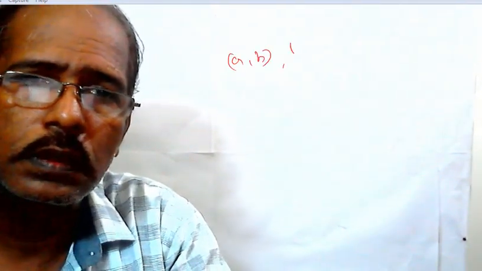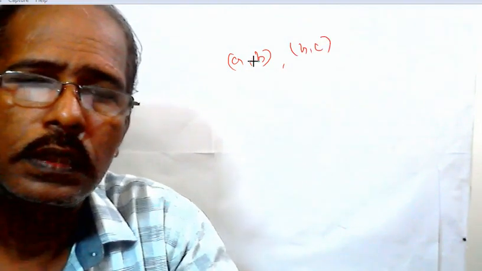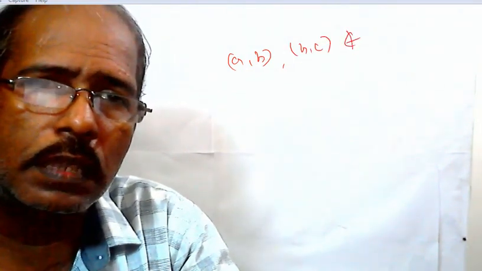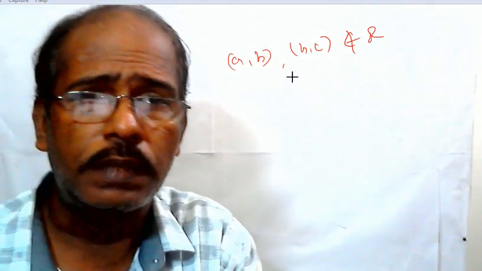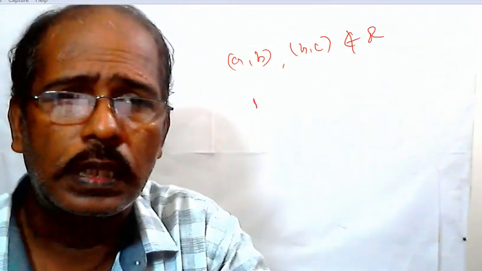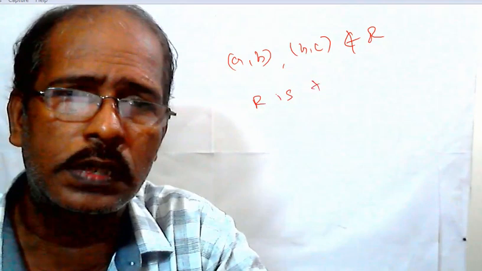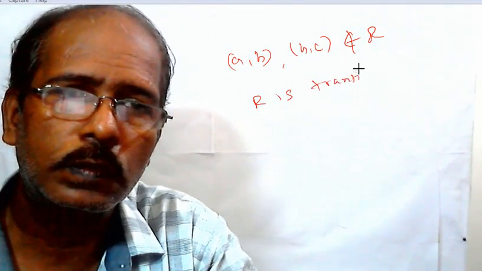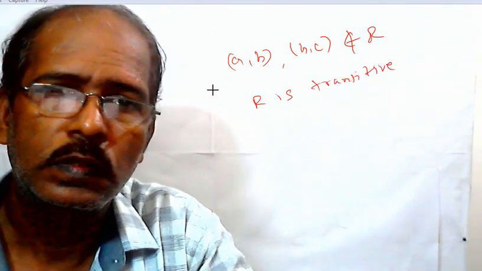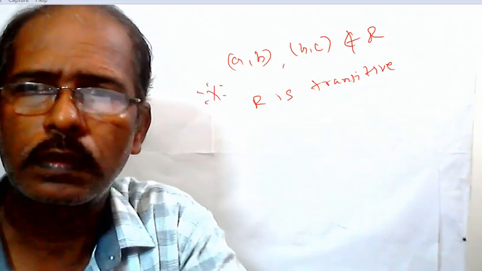Understood? Whenever the possibility is not there, that is, (a,b) and (b,c), the two ordered pairs, do not both belong to R, then definitely we can conclude the relation R is transitive. Very important point.